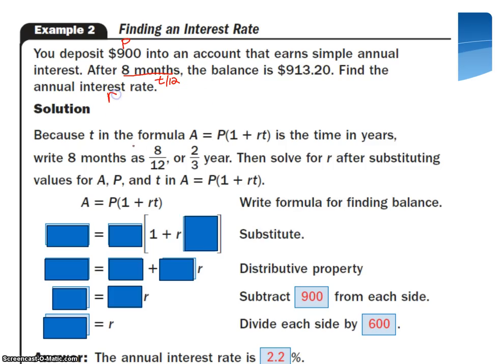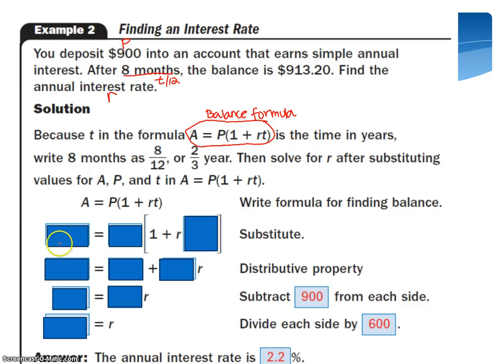Find the interest rate, which is R. We're going to use the balance formula. We already talked about how we need to change it into years by putting it over 12, which is 2/3 of a year. You can change it into a fraction like they did, or keep it as a decimal. Then solve for R after substituting in the values.